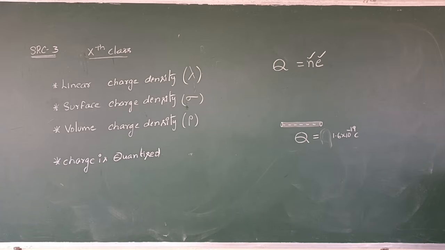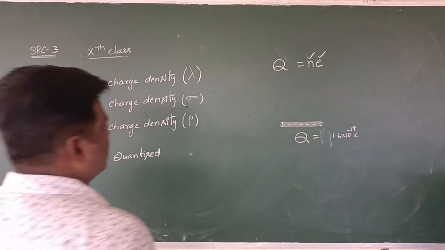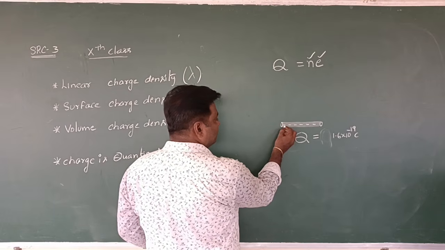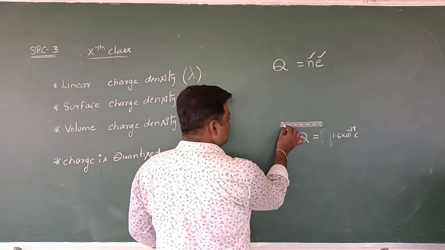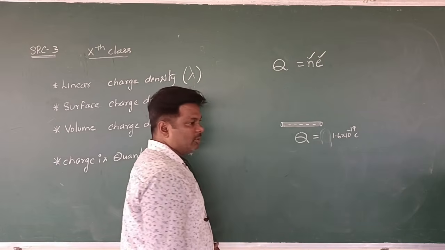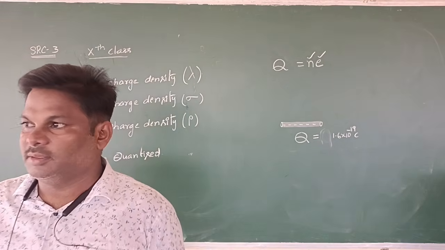One more point. Charge is invariant. Charge does not change due to its motion. This charge will not change when it is moved from here to here. 1.6 into 10 to the power of minus 19 Coulomb remains.